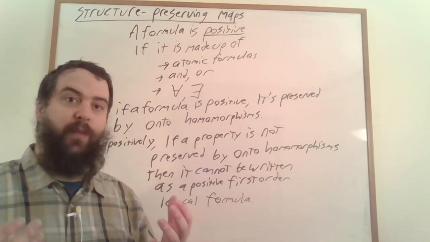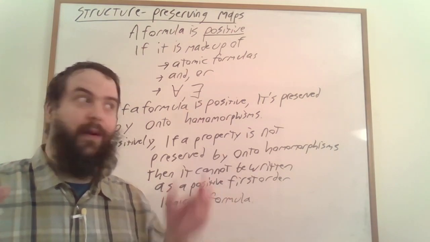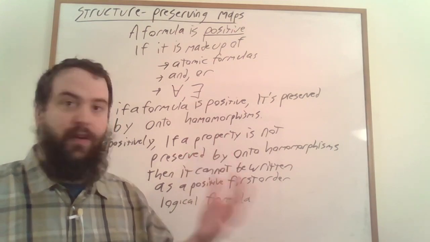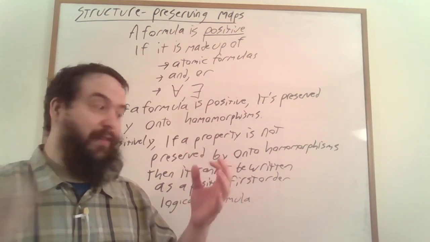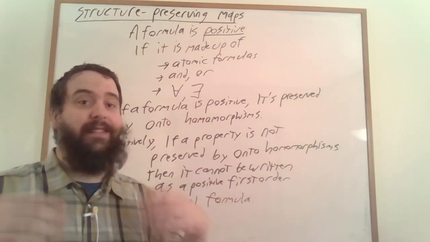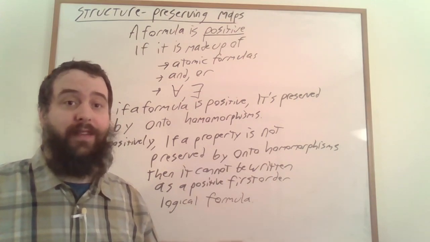Except in the case where there's like 5 elements, and then we can say, oh, there exists an x, y, z, w, and u, and anything else is one of those 5 things. But if we're talking about infinite cardinalities, then first-order logic is completely useless for expressing these things.